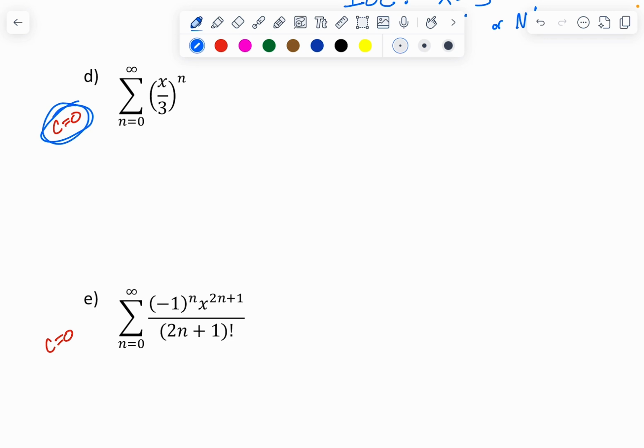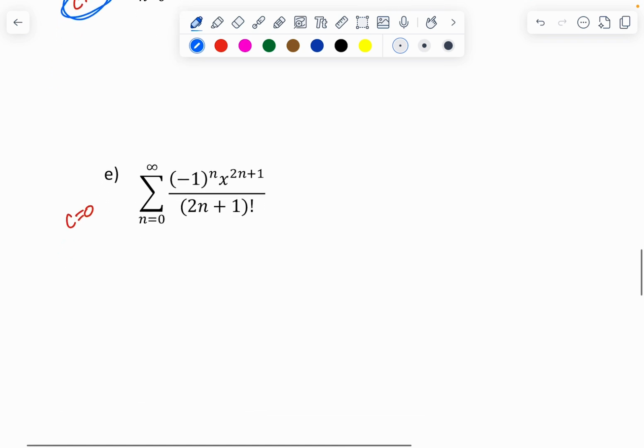And you do have to test the endpoints once you get them, to see if they are included or not. And then same thing down here. You do have to remove the alternator, perform the ratio test, and test the endpoints and see what you get. All right. Good luck.